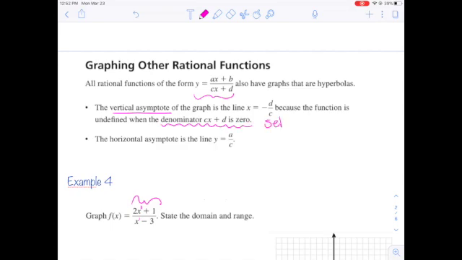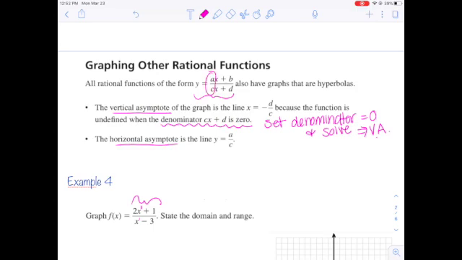Highlight that. So set your denominator equal to 0 and solve. That will give you your vertical asymptote. And then to get your horizontal asymptote, you look at the coefficients on your x values.